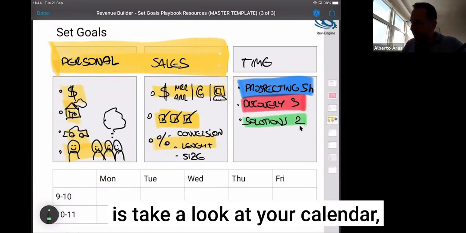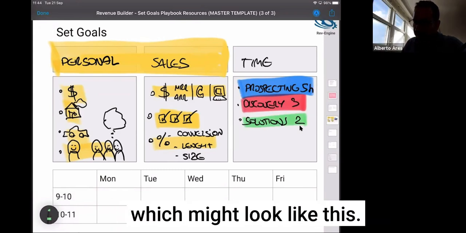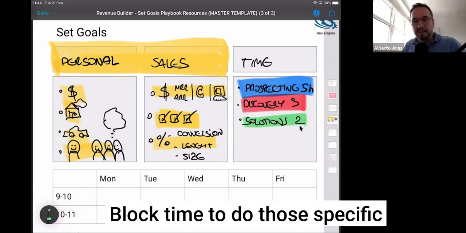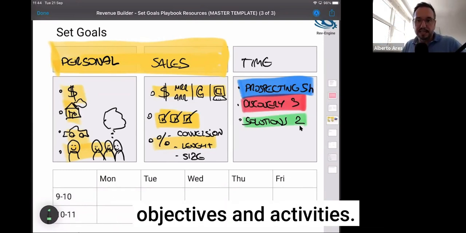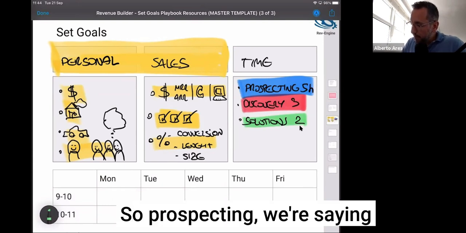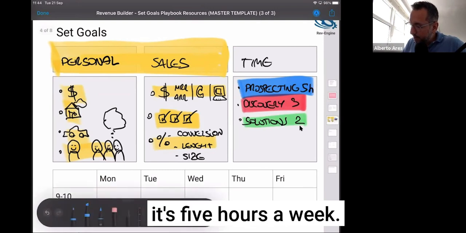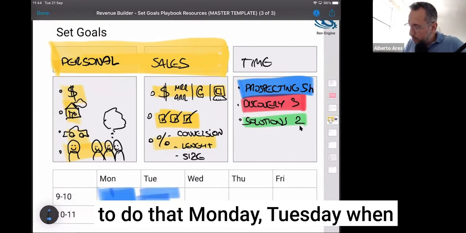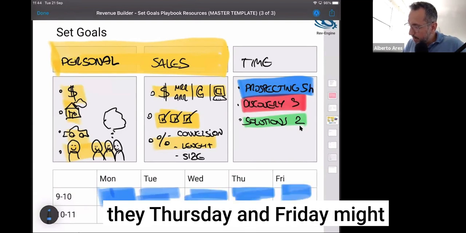And then what you need to do is take a look at your calendar, which might look like this, and block time to do those specific objectives and activities. So prospecting, we're saying it's 5 hours a week. So we might decide that we want to do that Monday, Tuesday, Wednesday, Thursday, and Friday.